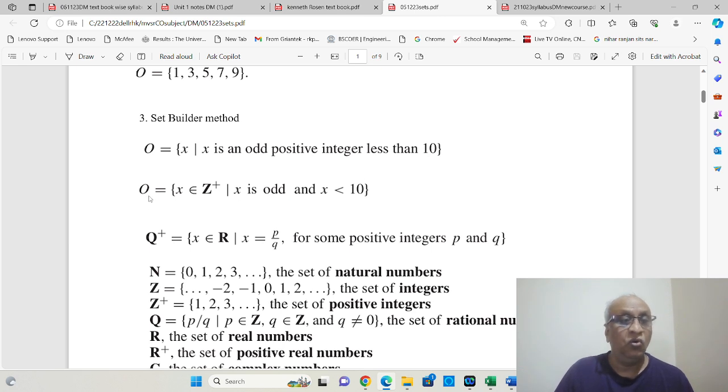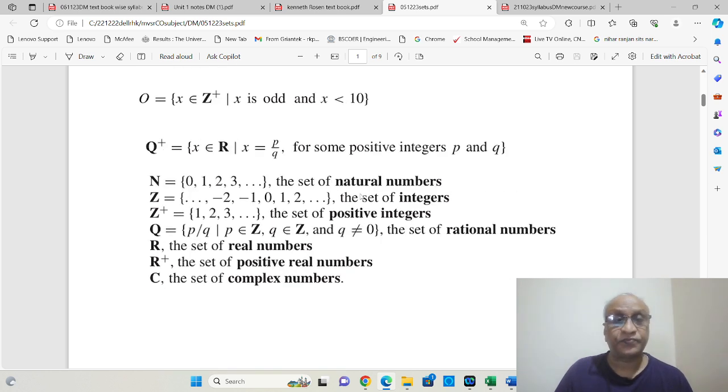Similarly, O is a set. It consists of x, where x belongs to Z plus, x is odd, and x is less than 10. Similarly, Q plus is a set where x belongs to R, x is equal to p by q for some positive integers p and q.